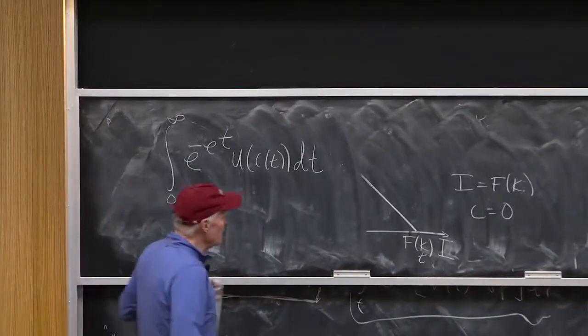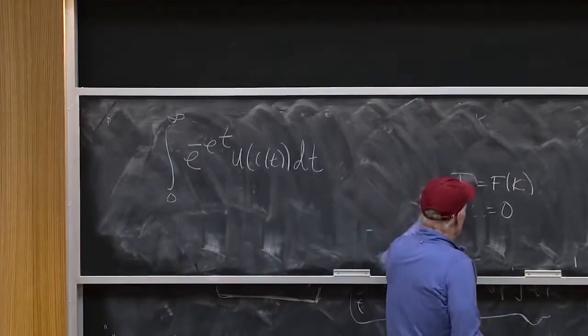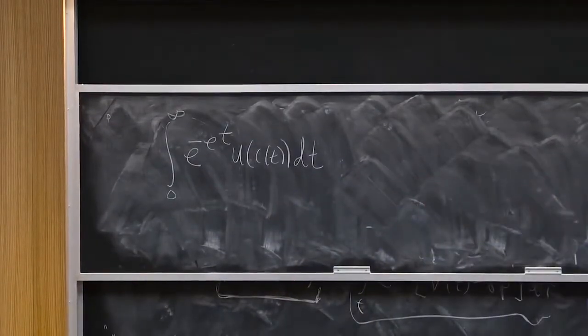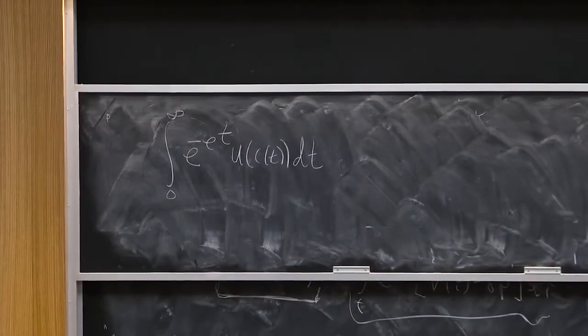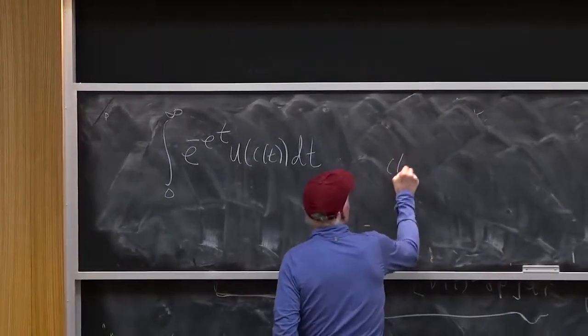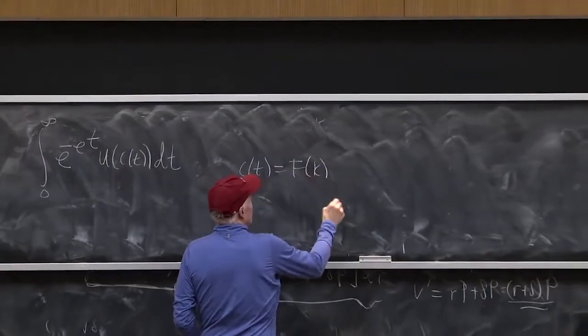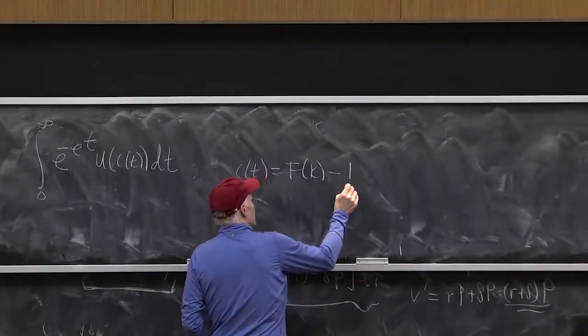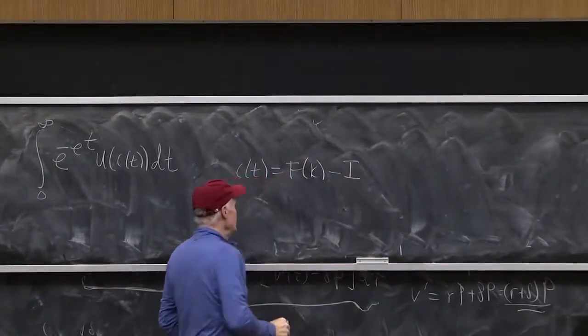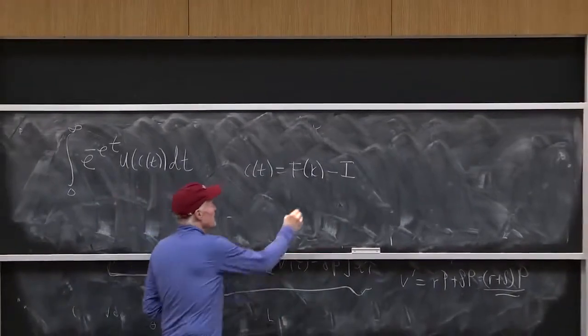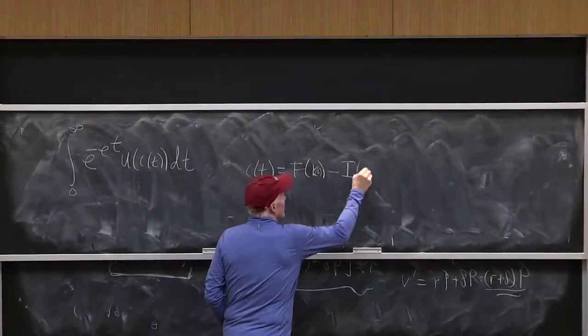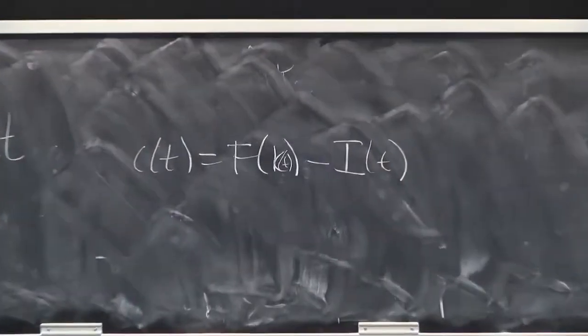And in this model, I'm going to have my technology. What is C going to be? C of t equals f of k minus I, right, of t. Everything's of t. Everybody agrees with that?